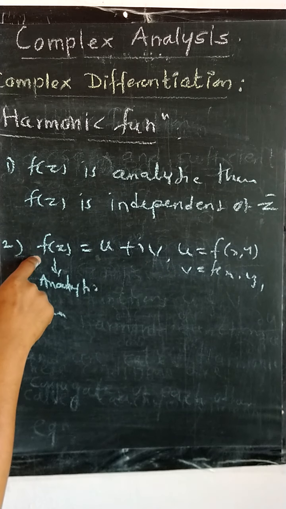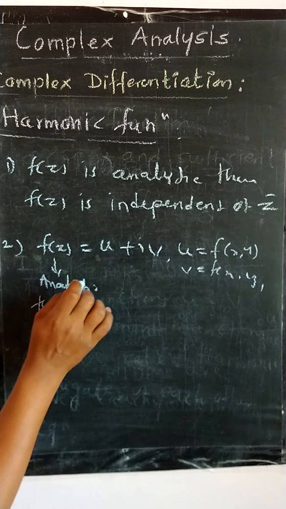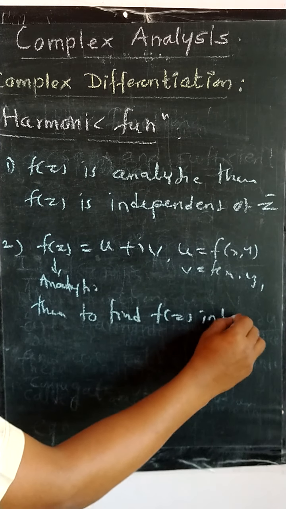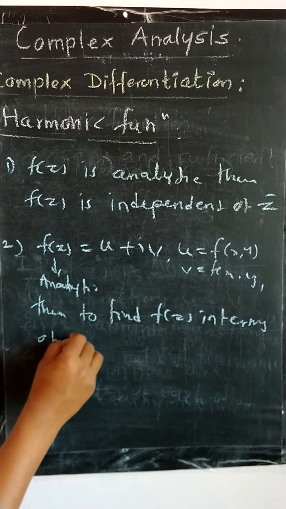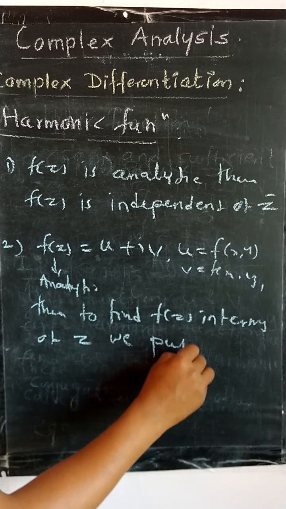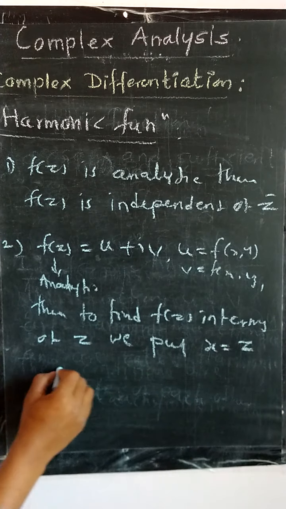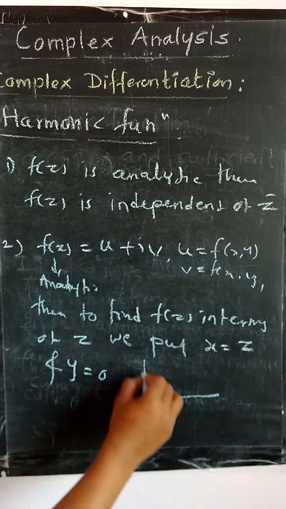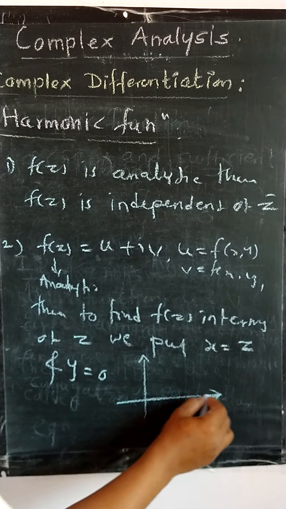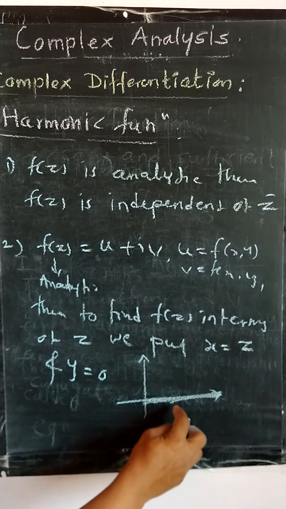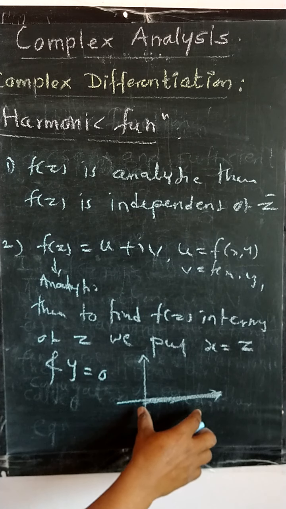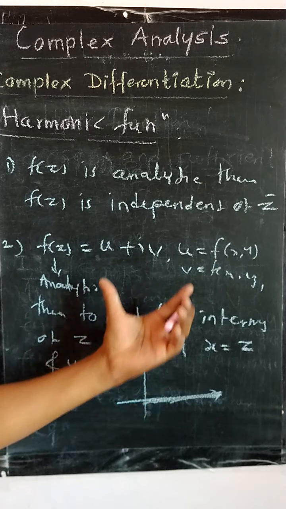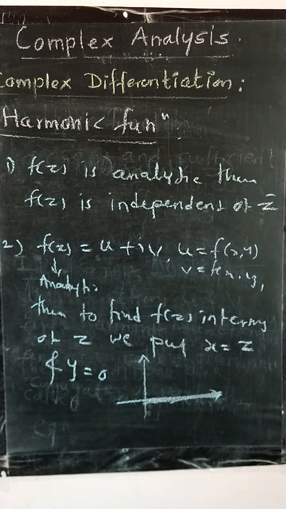So to find f of z in terms of z, we put x is equal to z and y is equal to 0. That means to find f of z in terms of z, we go along only the positive x-axis, because this is y equal to 0, and we put x is equal to z there to get the f of z in terms of z only.